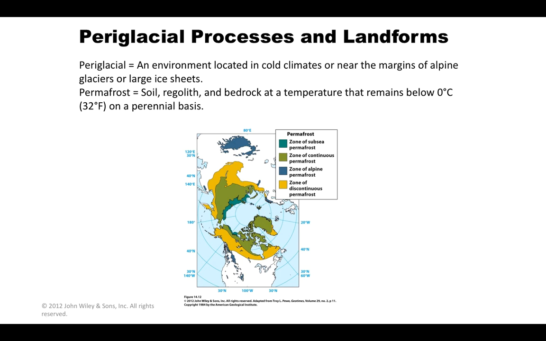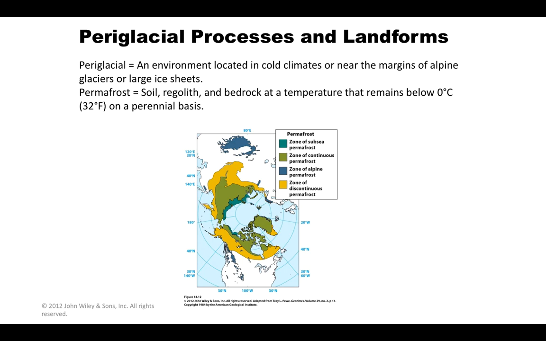Now, I showed you a video earlier in the semester about Mount Everest, and I'm going to repost that so you can remind yourself of how elevation makes a really big difference in temperature. But depending on how close you are to the equator, you have to go higher and higher up to get to an elevation where you're going to see a snow line. So if you're at a high latitude, you're not going to have to go very far up in elevation before you get to the snow line.